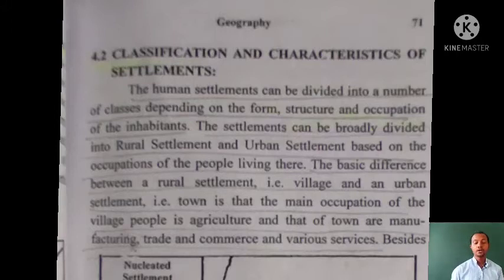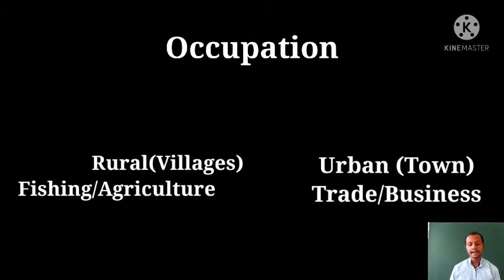So based on their shape, their forms, and then their occupation, the classification of settlement is done. Based on occupation, it is divided into rural and urban. Rural means village and urban means town.